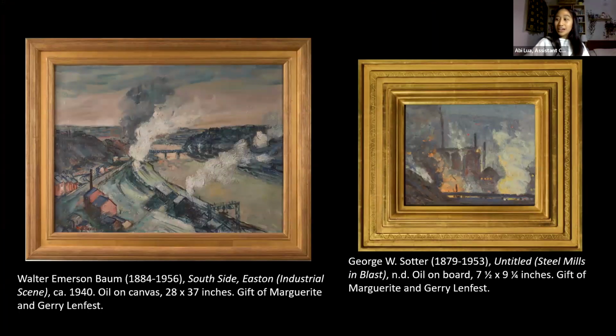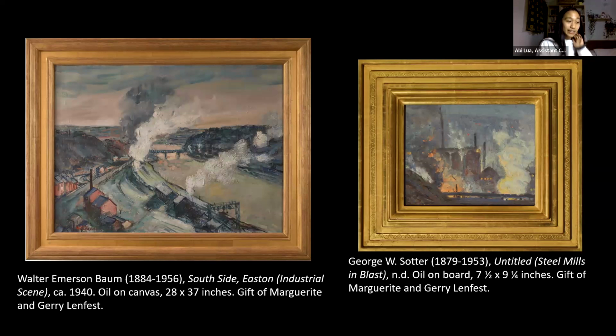But then not only do we have local themes of industry, but we have artists who are also interested in depicting these industrial scenes elsewhere in the Delaware Valley region or outside. On the left is a painting by Walter Emerson Baum. This is South Side Easton.